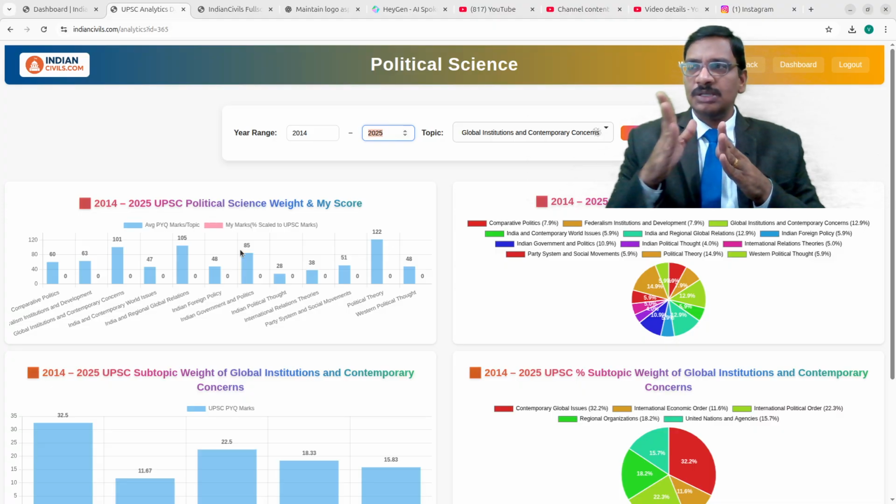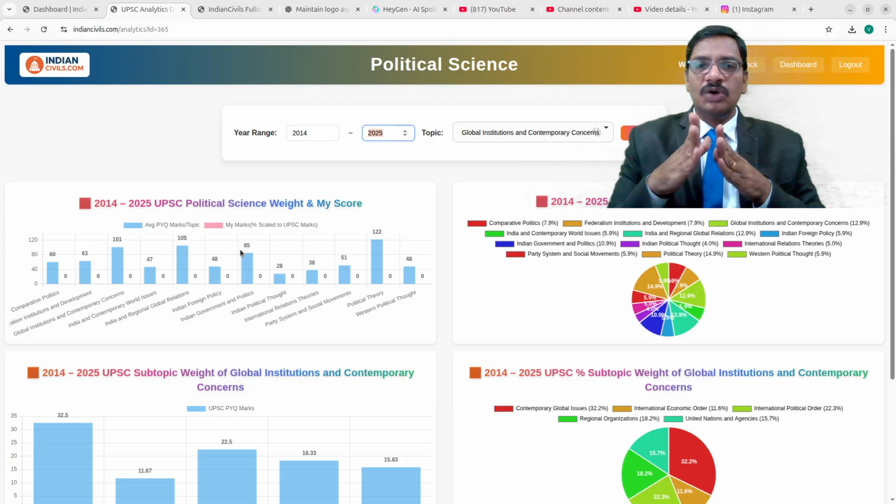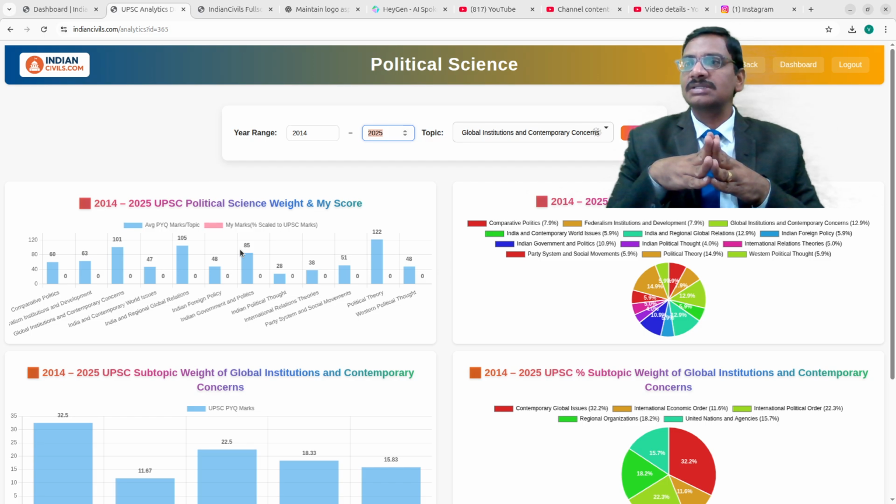All right. Suppose you take this situation wherein political theory is getting the highest weightage of 122 marks, and this is the past 12 years average. It's not a single year. Similarly, there is one more topic giving 105 marks, and that is India and international global relations.